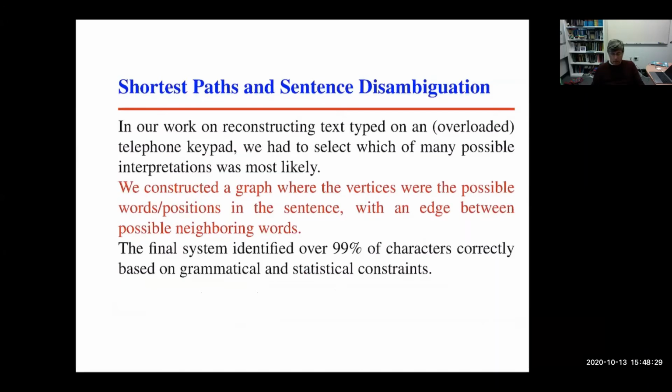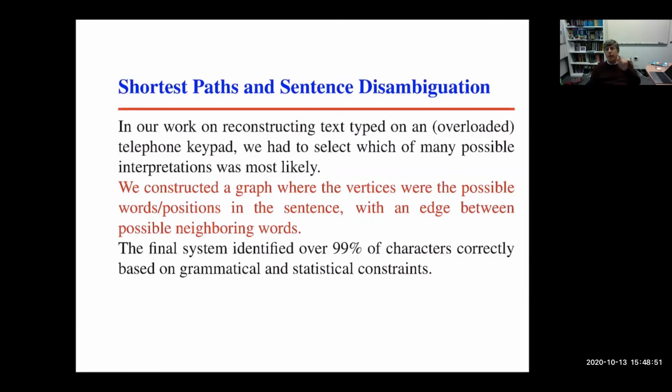One example of how powerful finding shortest paths is was a problem that we worked on once to try to reconstruct text typed on a telephone keypad. If you guys have ever looked at a real telephone, you'll know that there's 3 letters on each key of a telephone.